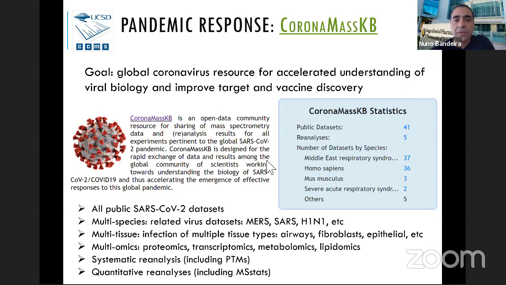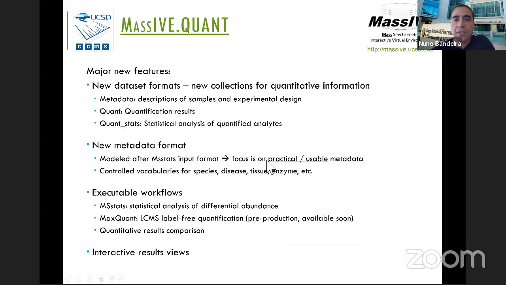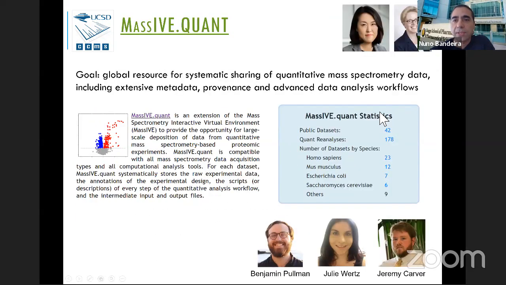Several of the data sets that we have in MassIVE.quant today were deposited initially at PRIDE, but they're now also at MassIVE. It's the same data set, the same data, same identifiers, but now you can reanalyze it here. So the short answer is yes, you can get the ProteomeXchange identifier, which is really the one you want, if you submit to MassIVE. And even if it wasn't originally deposited here, we can get it here to do the reanalyses.